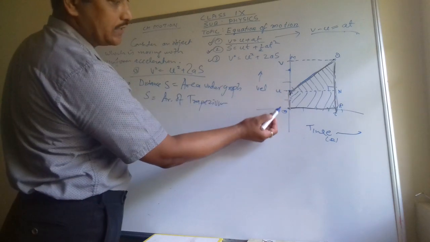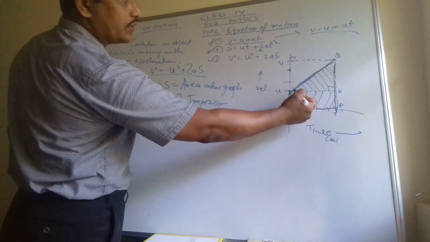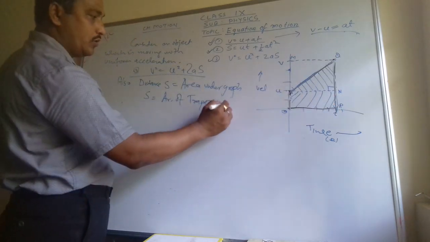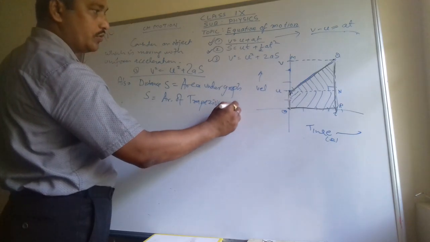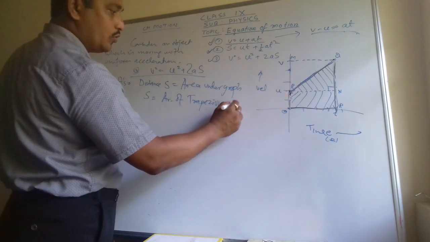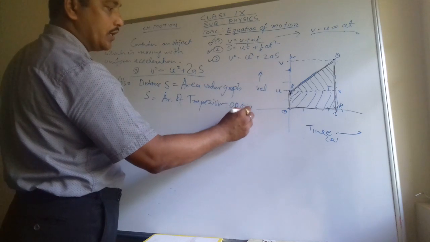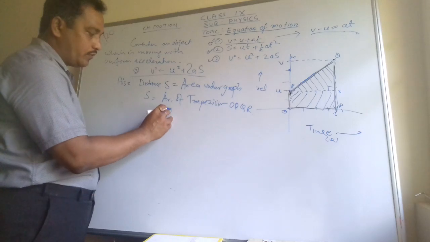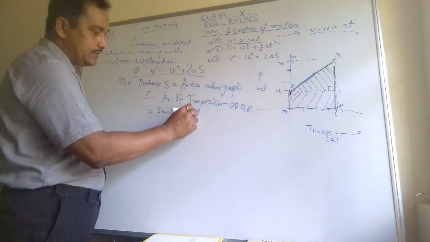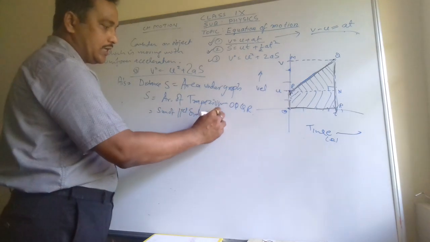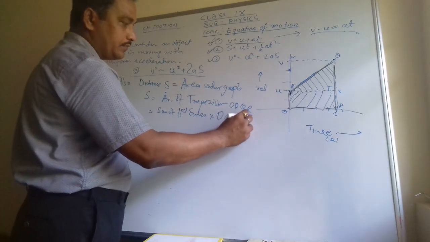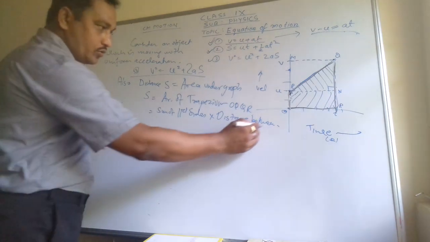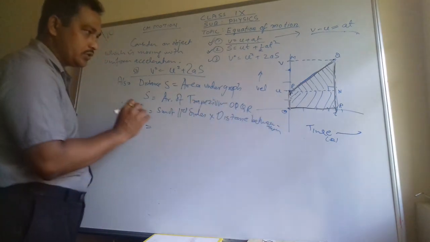What is the name of this trapezium? You can say O P Q R. This trapezium's area is equal to the sum of parallel sides into the distance between them. So how much is the distance between them? We will put this.